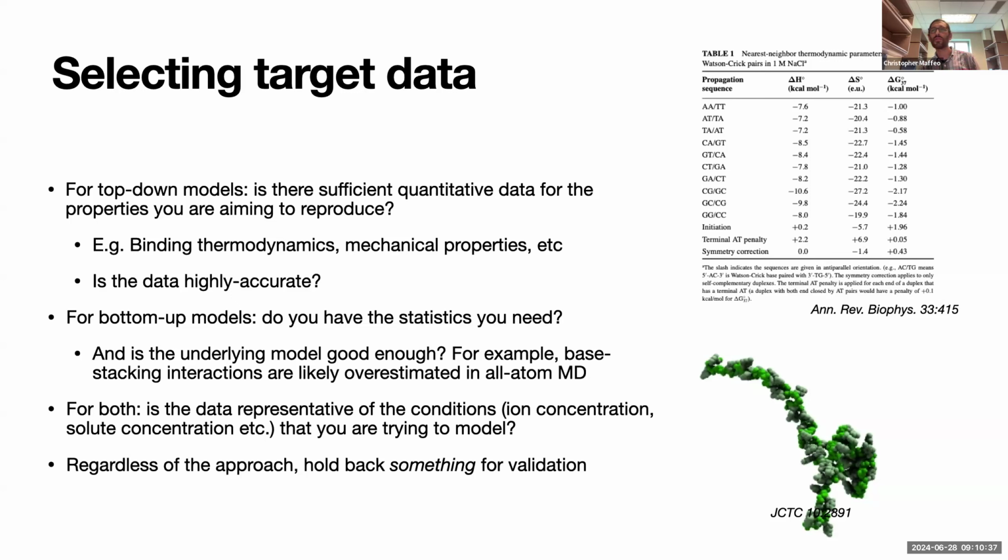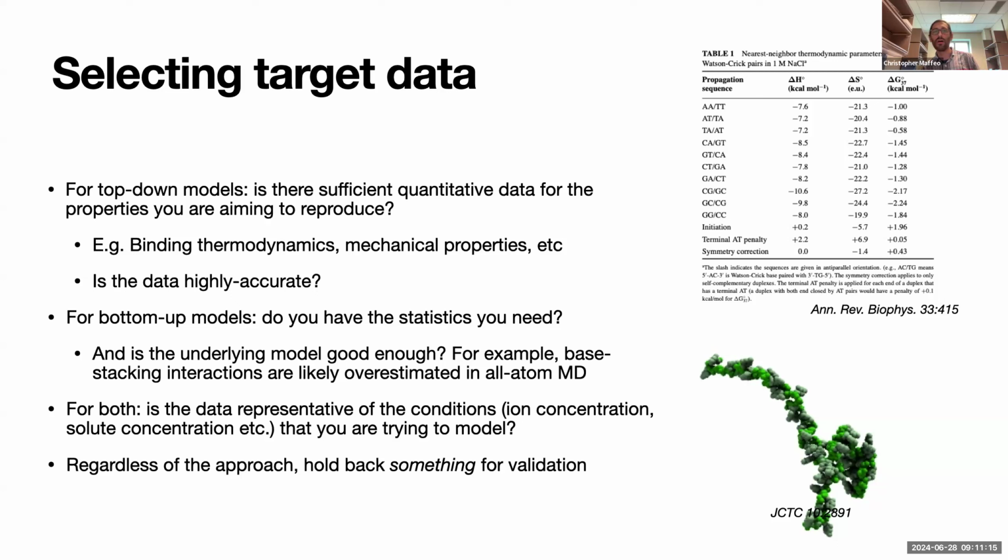In both cases, you want to make sure that the conditions at which either the experimental data or the simulation data were obtained match the situation that you're trying to model. Again, you can't easily change ion concentration once you coarse grain, unless you have explicit ions in your model, or also arguably if you use a top-down model with a Debye-Hückel or linearized Poisson-Boltzmann equation for the electrostatics, then you can make changes to the concentration.